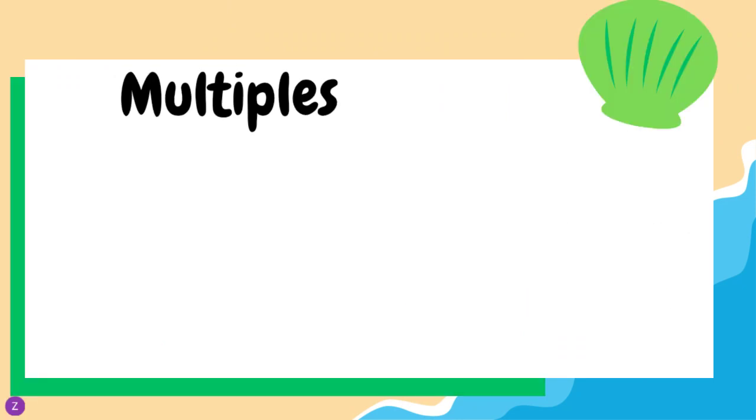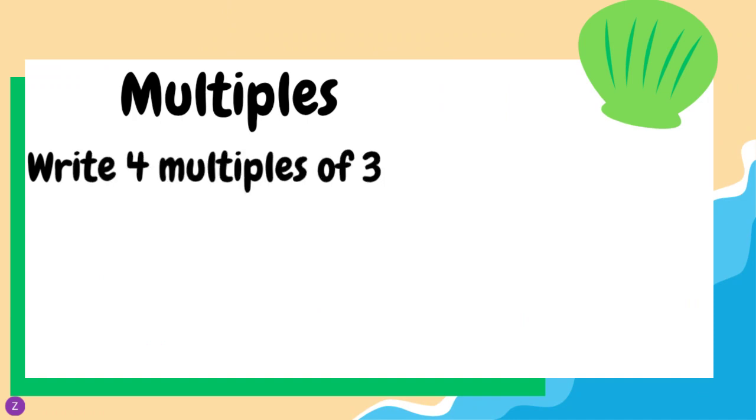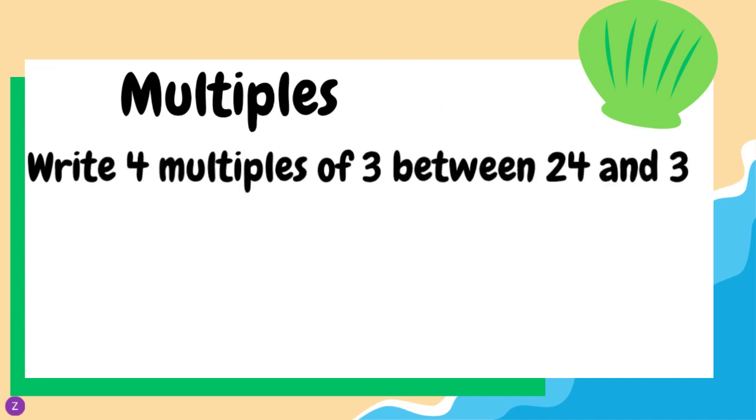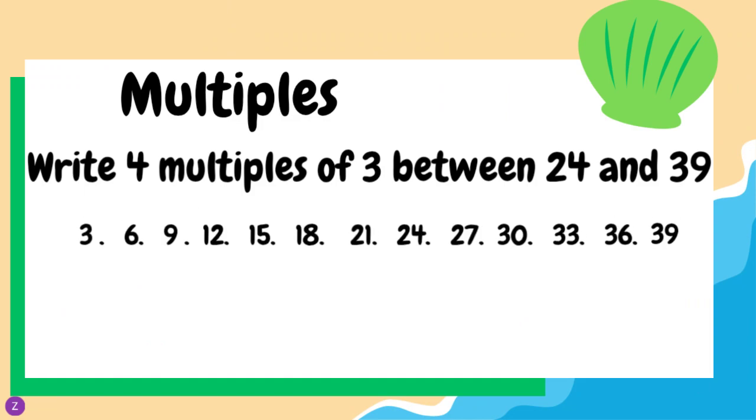If you need to write down the multiples of a specific number, for instance, you need to write down 4 multiples of 3 between the numbers 24 and 39. Now you can write down all the multiples of 3, and then look at which two numbers they are between.